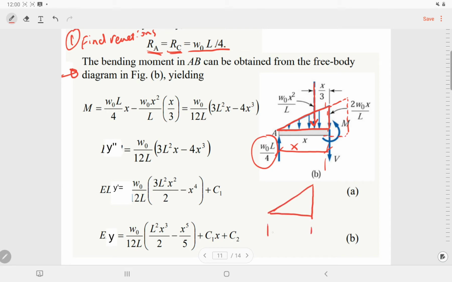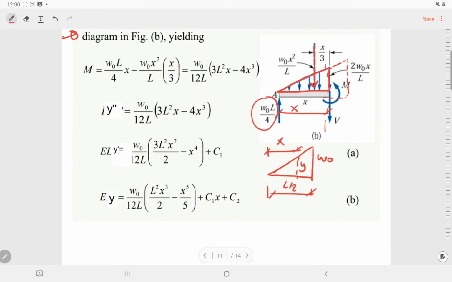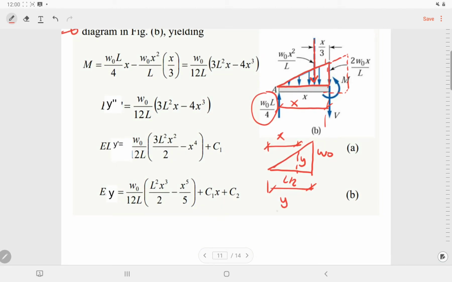This one was L over 2, this is W naught, and because I cut here, this is x. I need to find this y. So y over x is W naught over L over 2, so y is 2 W naught x over L. This is y.